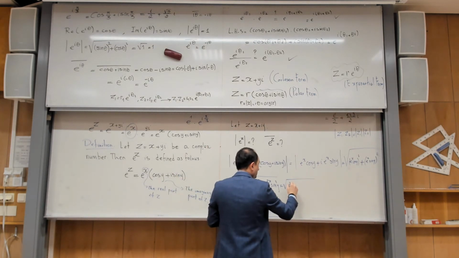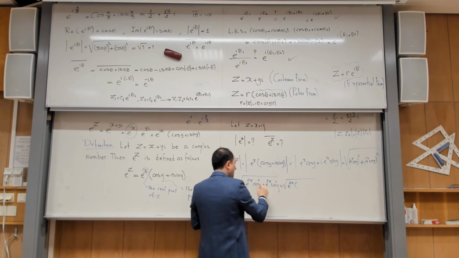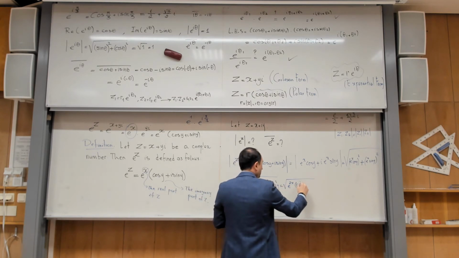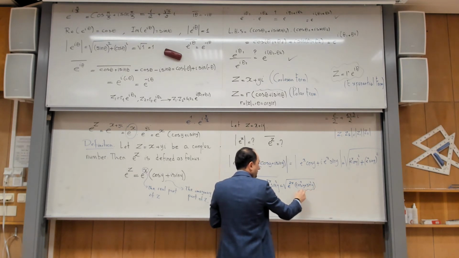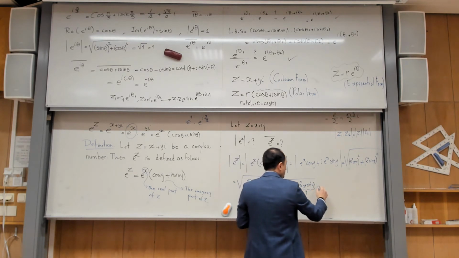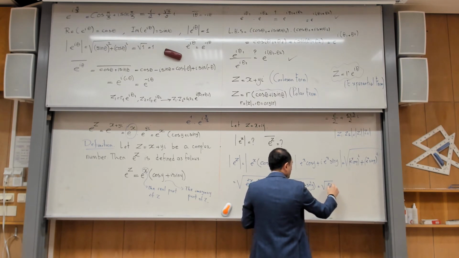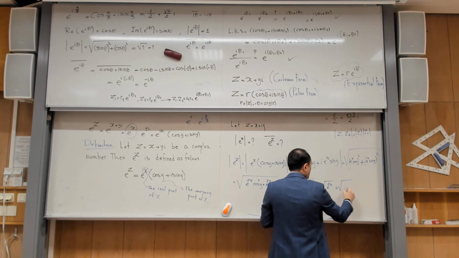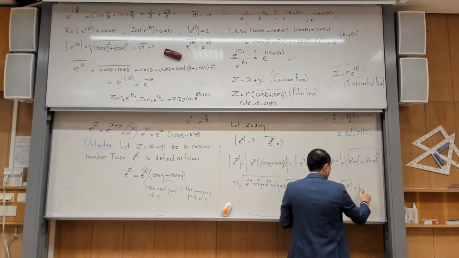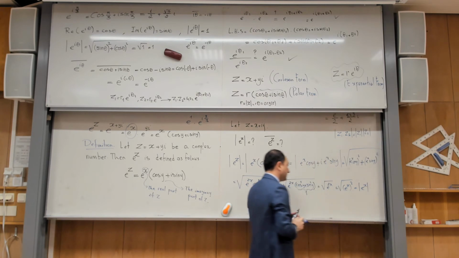So it becomes e to the power 2x, and then I will have cosine squared y plus sine squared y. But sine squared plus cosine squared is just 1, so this becomes the square root of e to the power 2x. But this can be written as e to the power x to the power 2, and it becomes the absolute value of e to the power x.